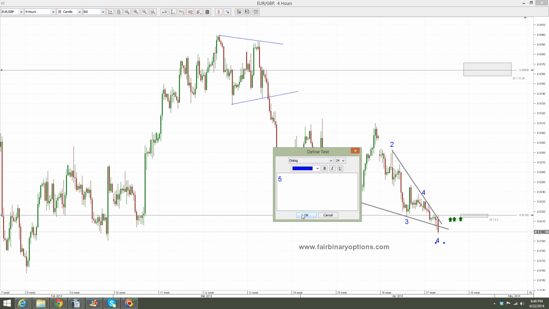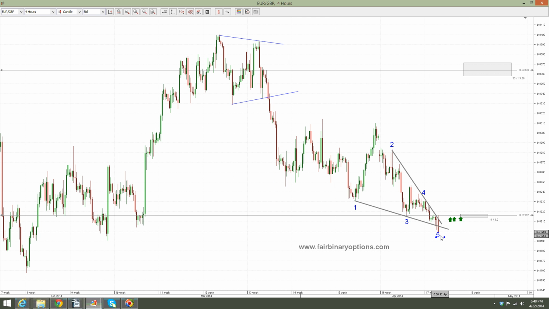What to look for next? Well, I'm looking for price to go and move higher by the time 0.8216 is going to be broken. So let's write on the screen the strategy or the scenario or the intention that we have here.